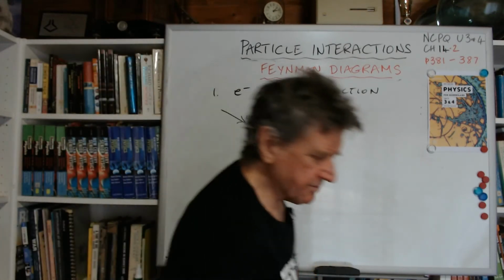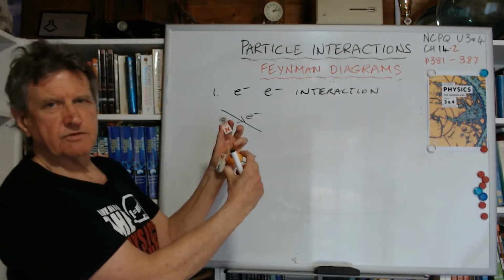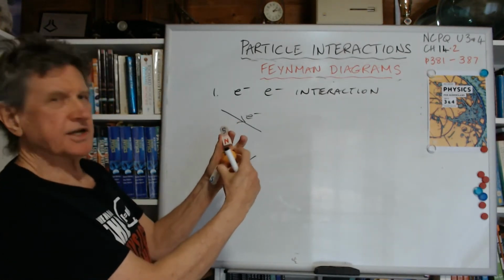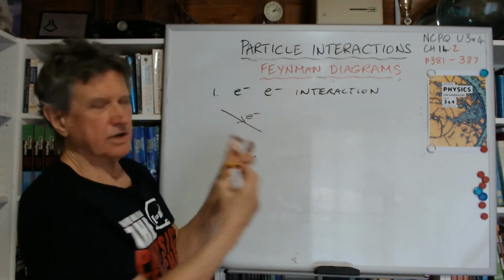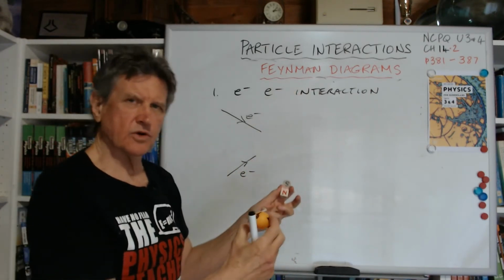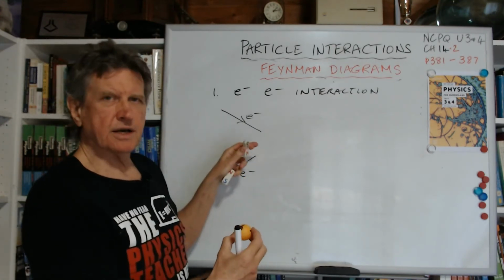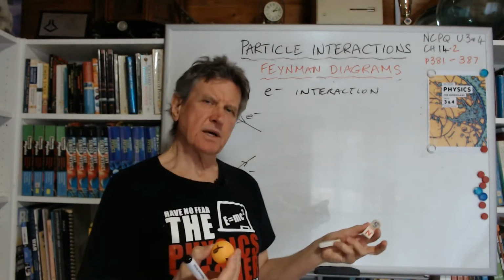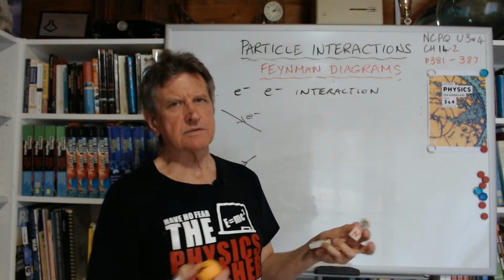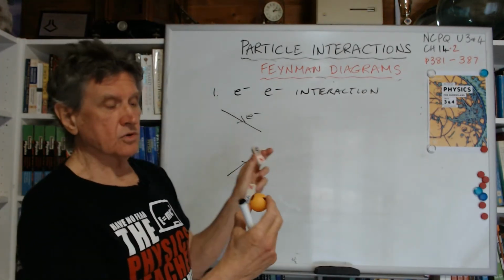As they come together, they exchange a virtual photon. Now that exchange process moves them apart. So you don't have to understand how it works, just so long as you can appreciate that they exchange this particle. And that's why we call these gauge bosons exchange particles or mediating particles. Mediating means they're in the middle of the interaction or exchange.